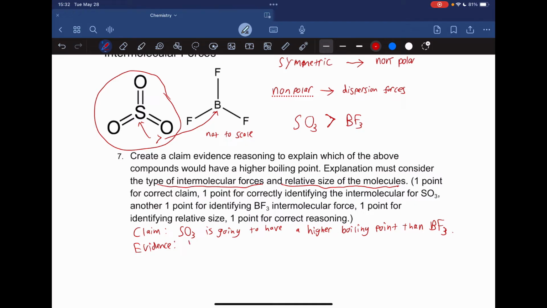So both sulfur trioxide and boron trifluoride have the same structure. Actually, we'll say symmetrical structure.